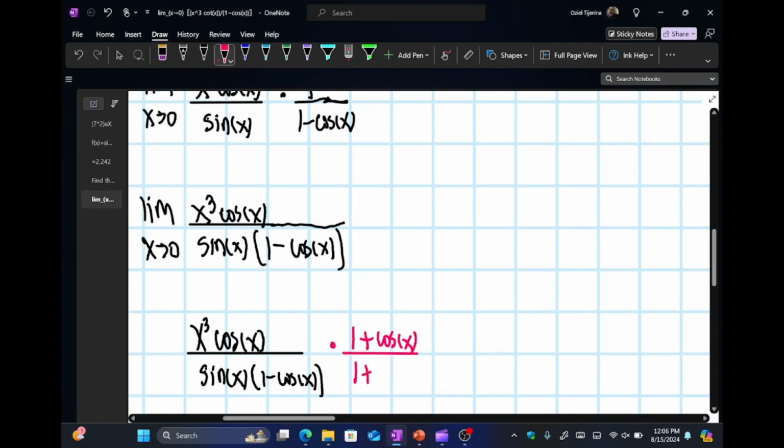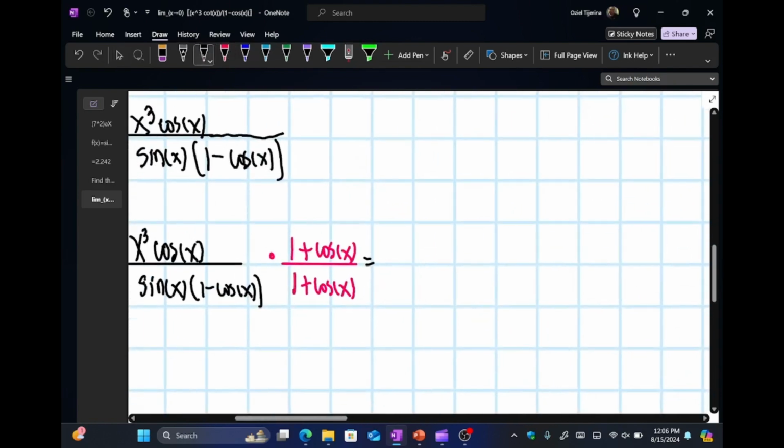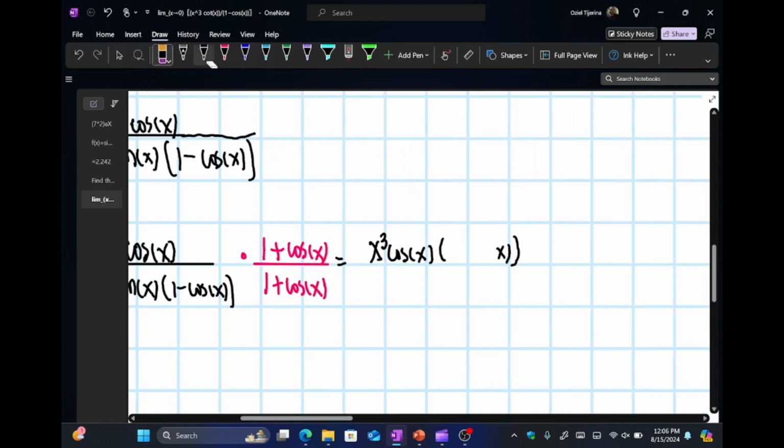Doing this, we have x cubed cosine x times 1 plus cosine x on top.